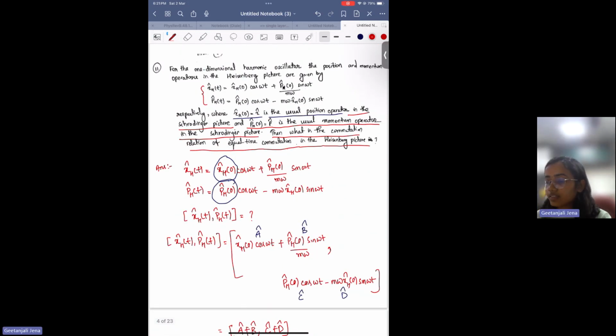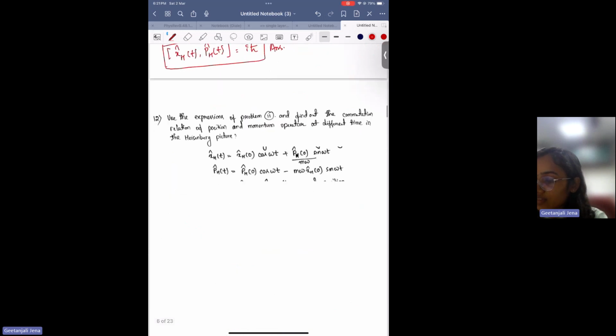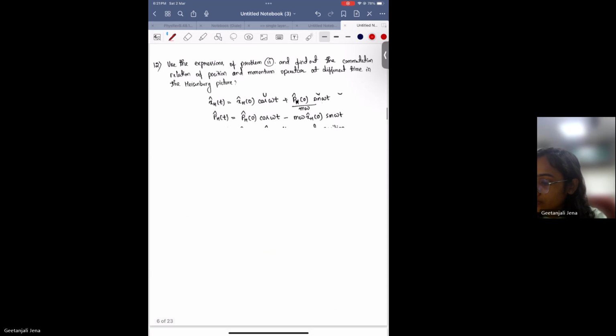So this is the second problem about the Schrodinger picture as well as the Heisenberg picture. So let's see the third question. The third question is related to the second question.